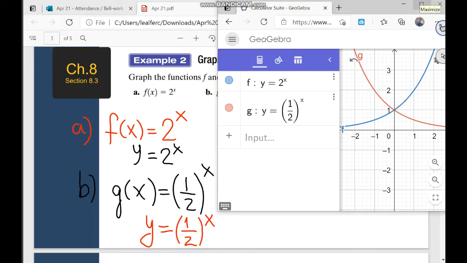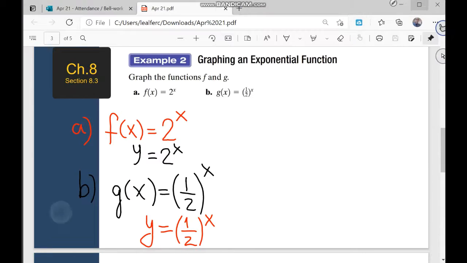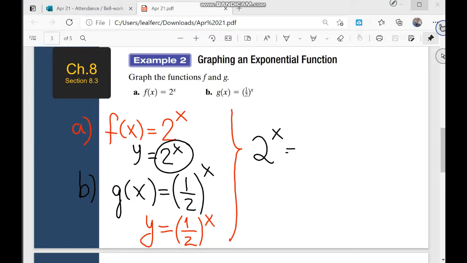My last question I have for you is, let's say we want to solve this equation. Check out the equation. We have 2 exponent x, and I want to find the solution for this equation here.